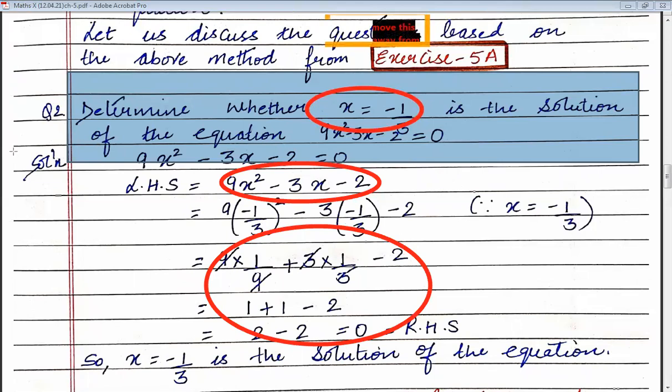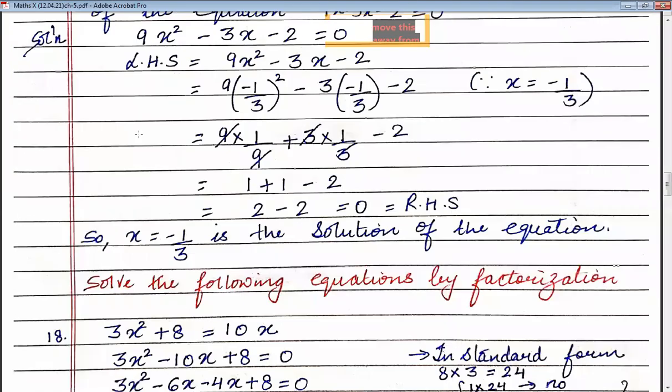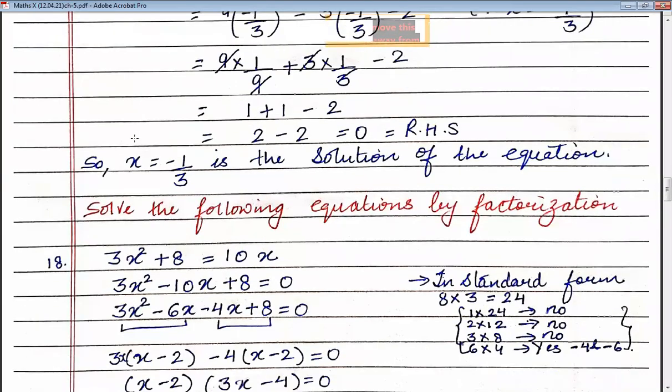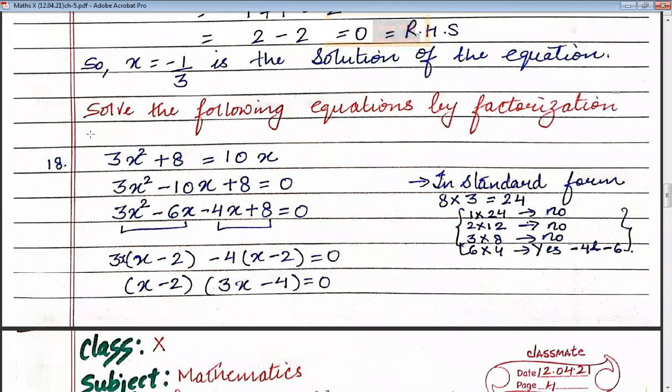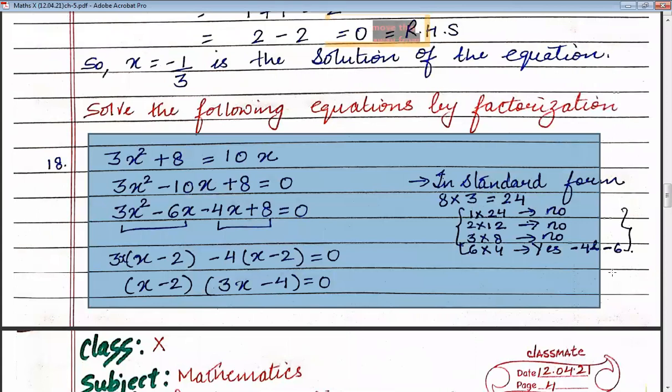So now children, you can say that x is equal to minus 1 upon 3 is the solution of the given quadratic equation. Okay children, so to check the solution you just have to substitute the value in the given quadratic equation. Now children, let's discuss the question based on the first method, that is factorization method.